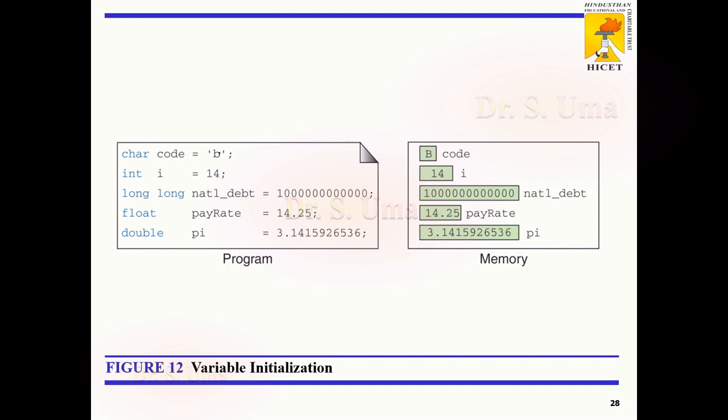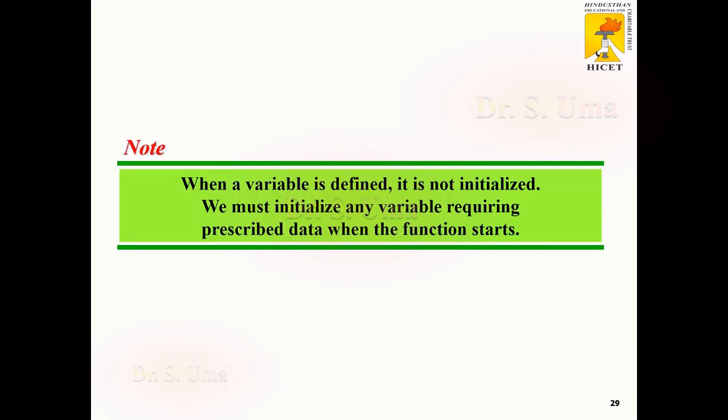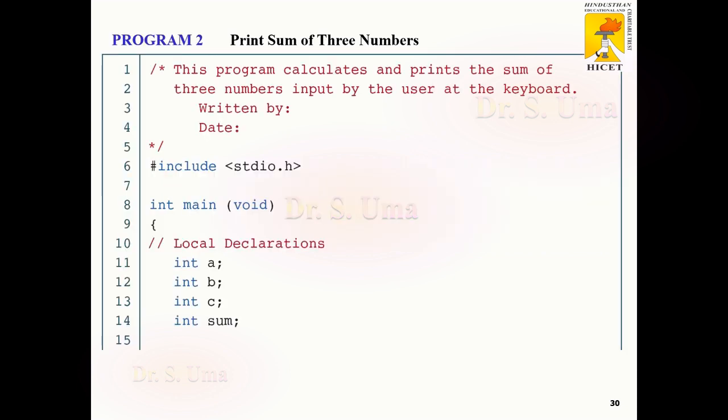Similarly, we have the other variables declared here along with their initialization values mentioned on the right hand side of the equal to symbol after the variable names. It should be noted that when a variable is defined, it is not initialized. So we have to initialize any value if we need the prescribed data before the function starts. So this is a program example.